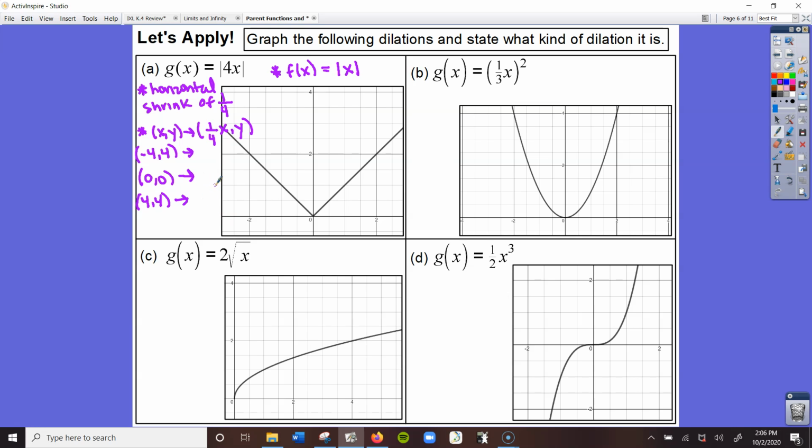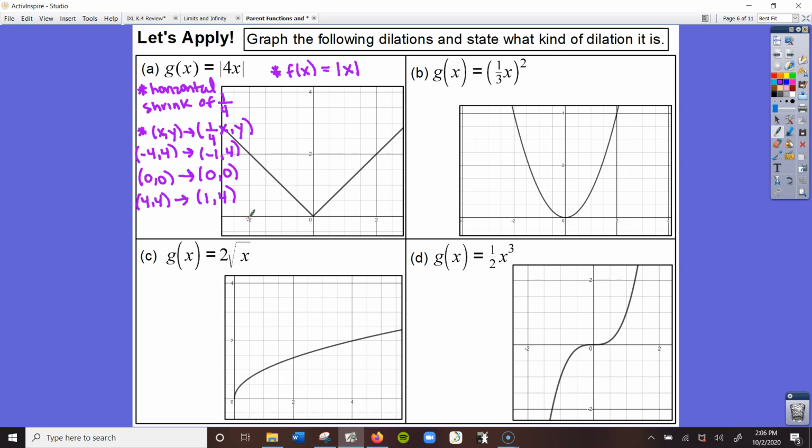Now I can plug it into the rule. If I plug in negative 4, 4, negative 4 times 1/4 is the same as negative 4 divided by 4, which is negative 1. And the y does not change, so it stays as 4. 0 divided by anything is 0, and then the y value is 0. And finally, when I plug in 4, 4 divided by 4 is 1, and then the y stays the same as 4.